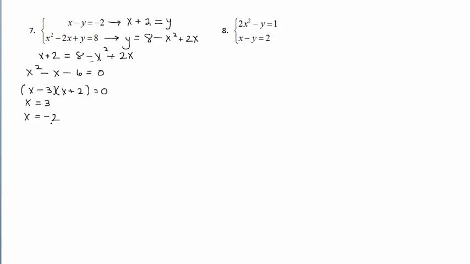All right, so these are both x's. They both need their own y's. So let's go back and one at a time find the y's that belong to these x's. When x is 3, I'm going to choose this equation right here. I'll trade sides. Y equals x plus 2, or 3 plus 2. So y equals 5.